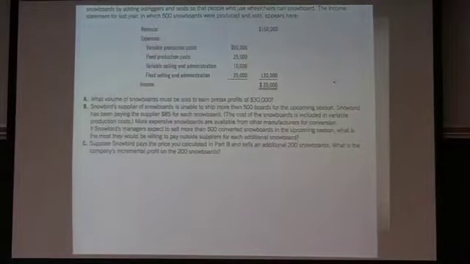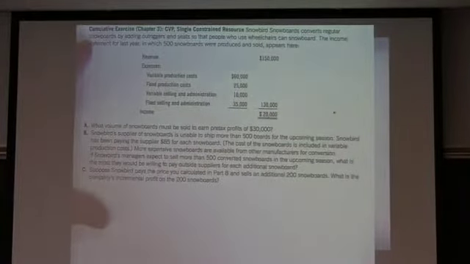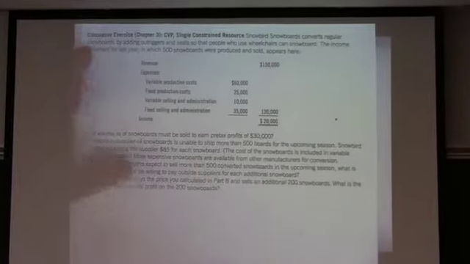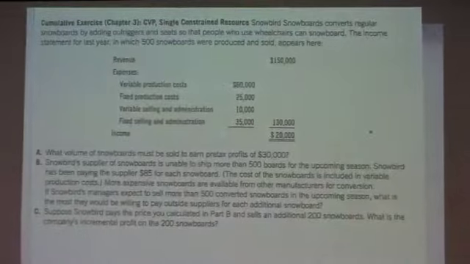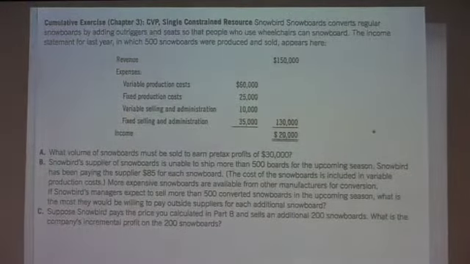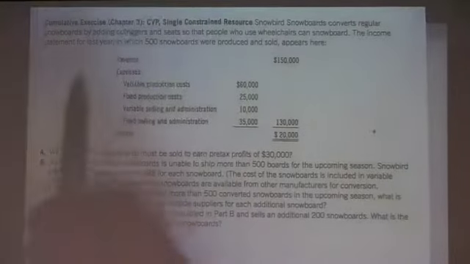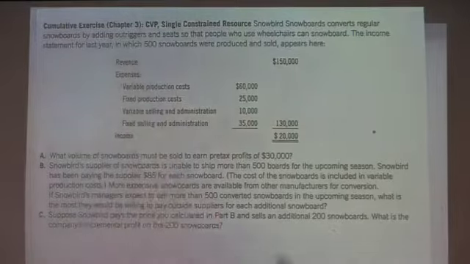So this question is, the company called Snowbird Snowboards converts regular snowboards by adding outriggers and seats so that people can use wheelchairs, can snowboard. The income statement for the year in which 500 snowboards were produced and sold appears as follows.